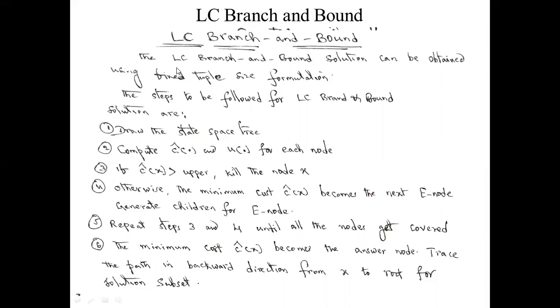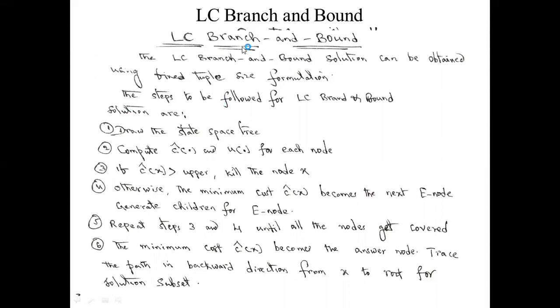We need not expand all the children of the respective node. Once you expand, you must select the least cost node for the next exploration. That is least cost branch and bound. At every level, we expand only one node, the node that has minimum cost compared to all the remaining nodes.